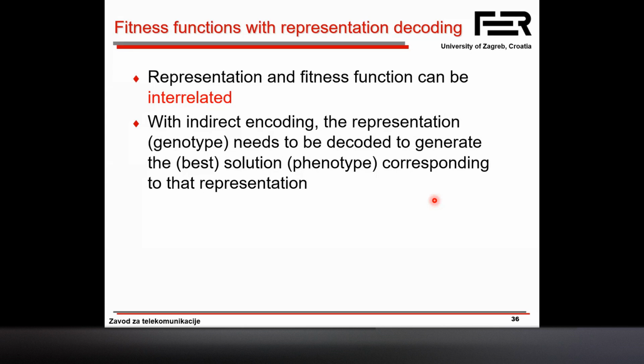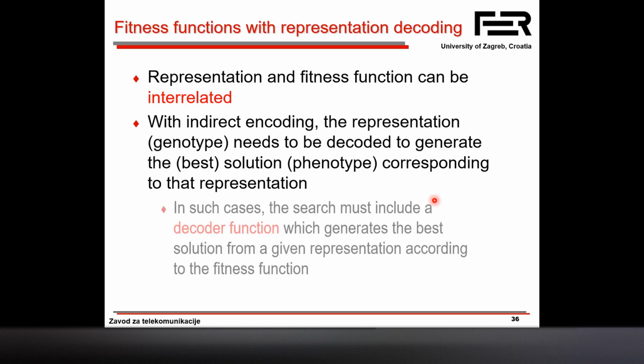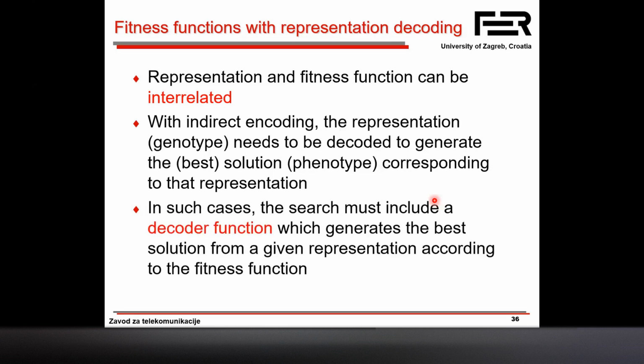When we look at indirect encoding, the actual representation, and when we use terminology from evolutionary algorithms, we refer to this as a genotype, which needs to be decoded to generate the actual solution, or a phenotype. So the phenotype refers to the actual solution that corresponds to that representation. So we need this mapping between the representation and the actual solution, some kind of a decoder function which, given this genotype, will give us the solution.